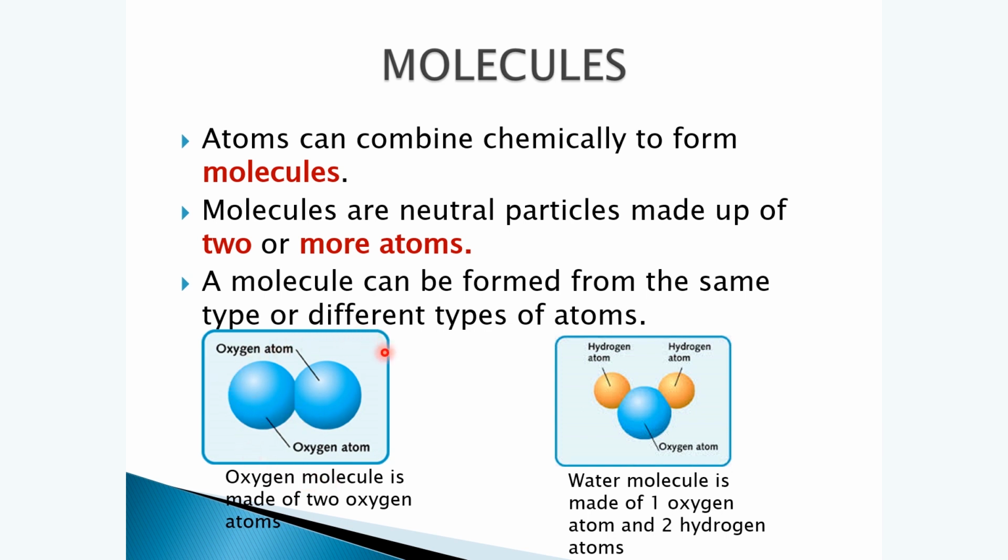So, an oxygen molecule is made of the same type of atom. And a water molecule is made of 1 oxygen atom and 2 hydrogen atoms. Therefore, a water molecule is made of 2 types of atoms.